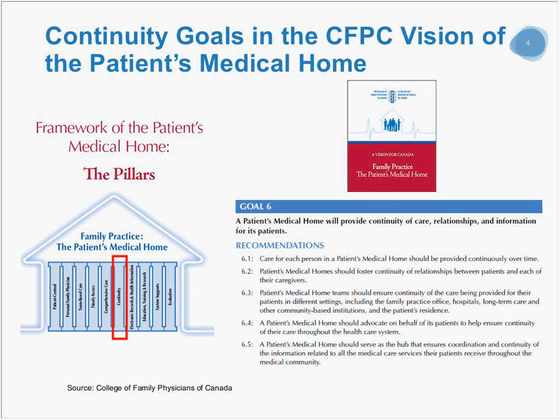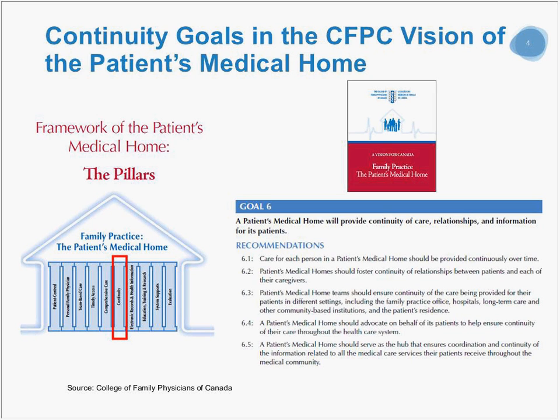Today we're going to be focusing on the sixth pillar of the patient's medical home, which is continuity. The pillar builds very nicely on the work that's been done over the last year and a half in terms of panels.